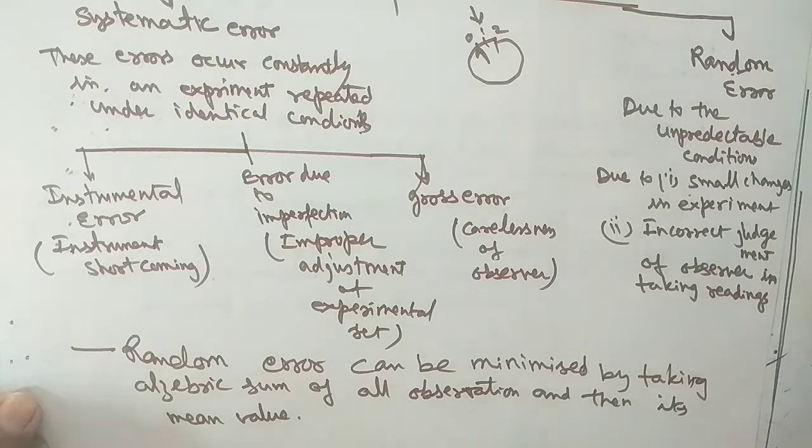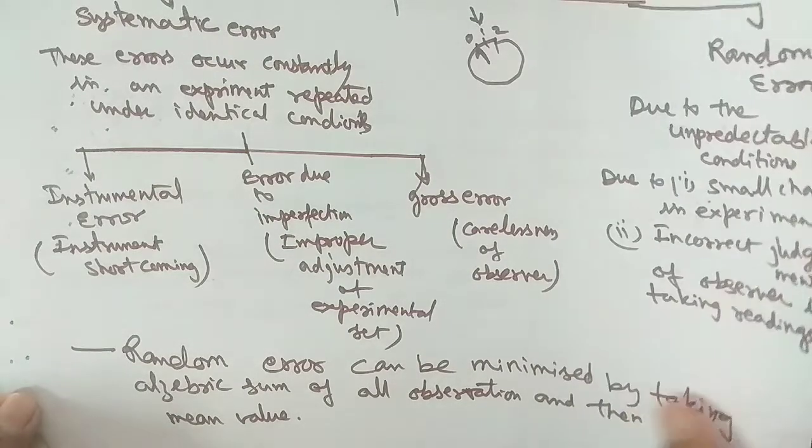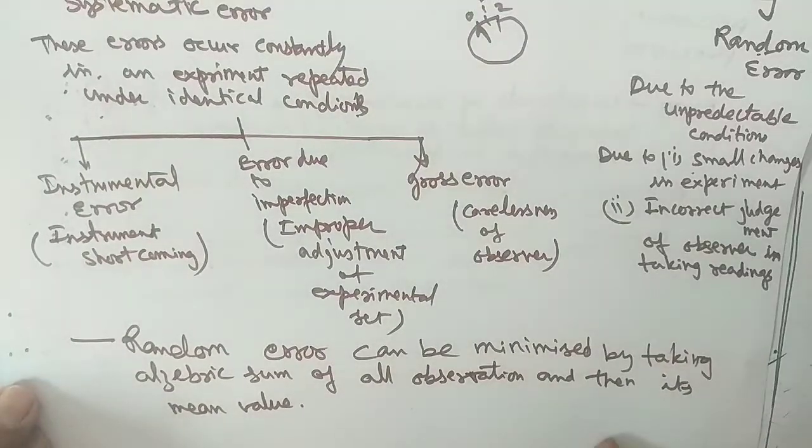Okay, so take the average of all the readings. That is the way to minimize the random error.